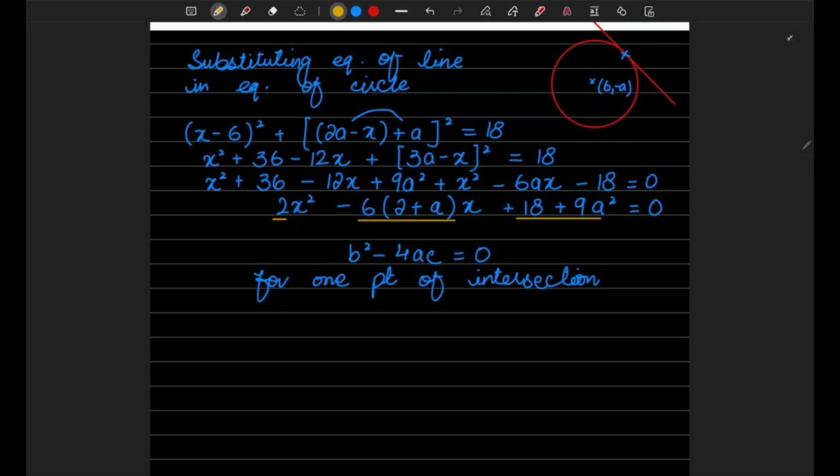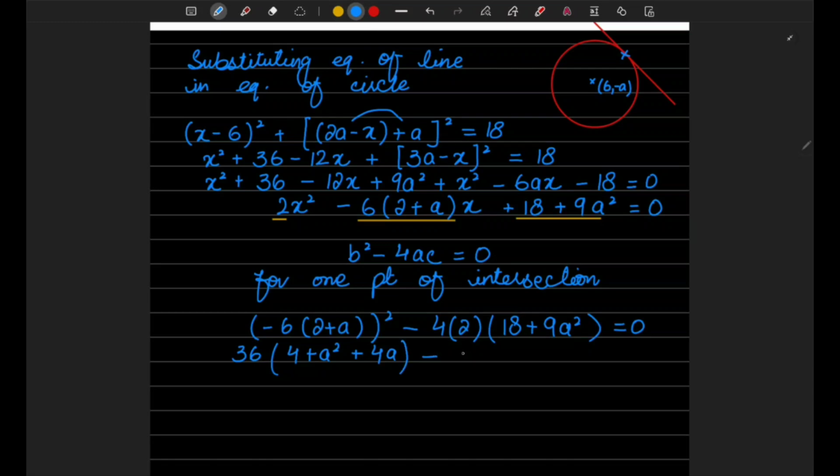So b is minus 6 times (2 plus a), a is 2, and c is 18 plus 9a squared. So 36 times (4 plus a squared plus 4a) minus 8 times (9a squared plus 18) equals 0.